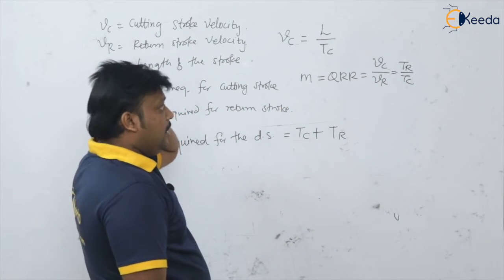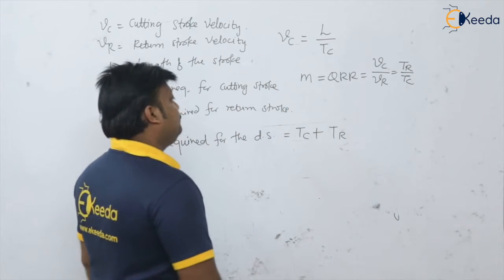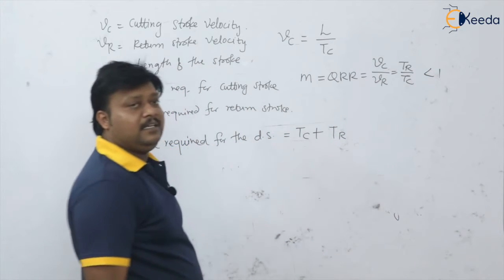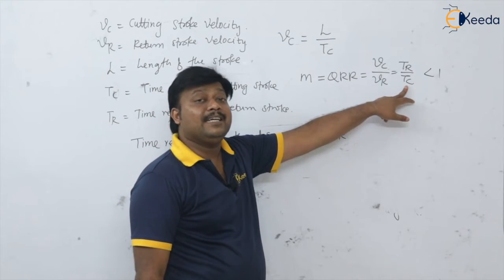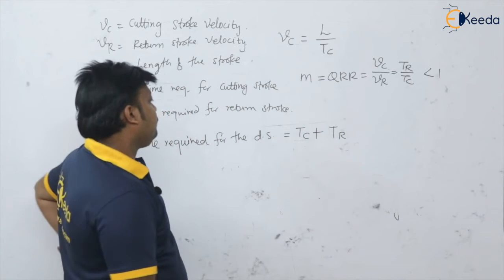So either I can have this value of QRR in terms of velocity or in terms of time, and of course this will be less than 1, because here return velocity is maximum or the cutting time is maximum. That is why it should be less than 1.